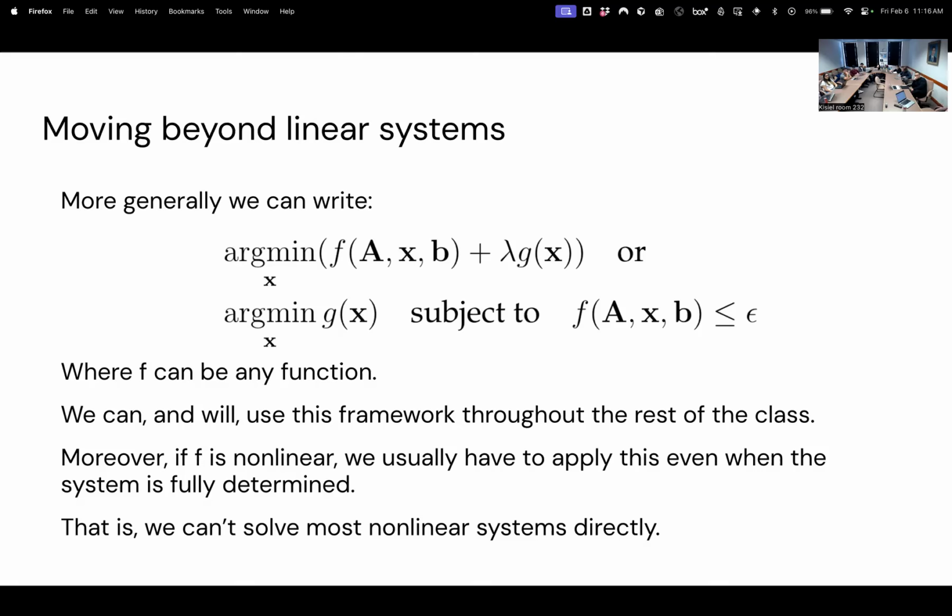And in general, f will be nonlinear, and we can't solve linear or nonlinear systems in general. There are some specific cases. And in fact, many nonlinear systems have either no solution or infinite solutions, as we mentioned with the over and underdetermined problem. It's slightly different, but another case.